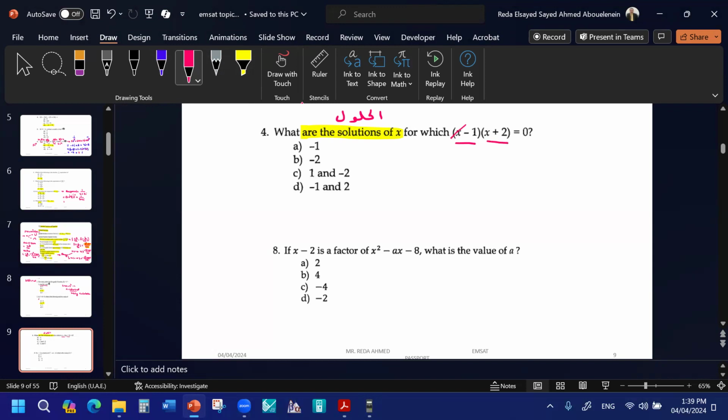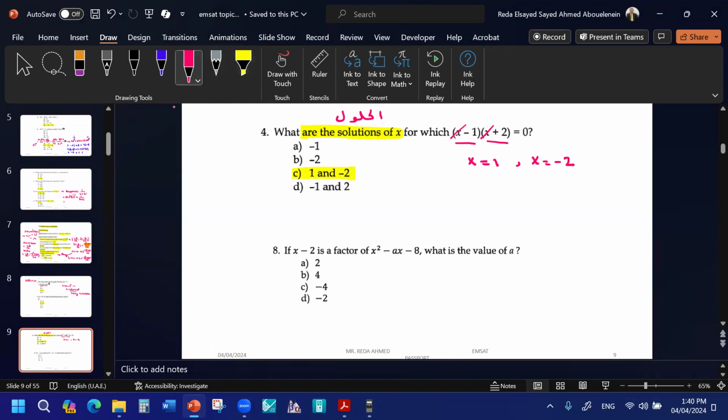So x will be positive 1, taking the opposite number, and x will be negative 2. So the solutions here will be 1 and negative 2.